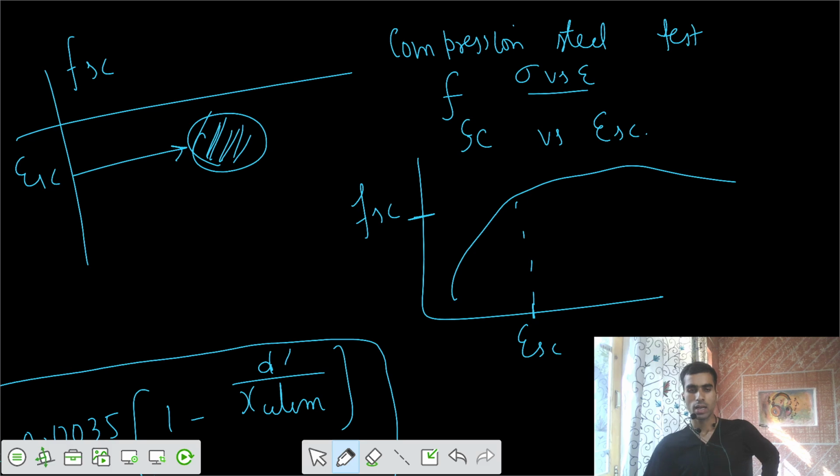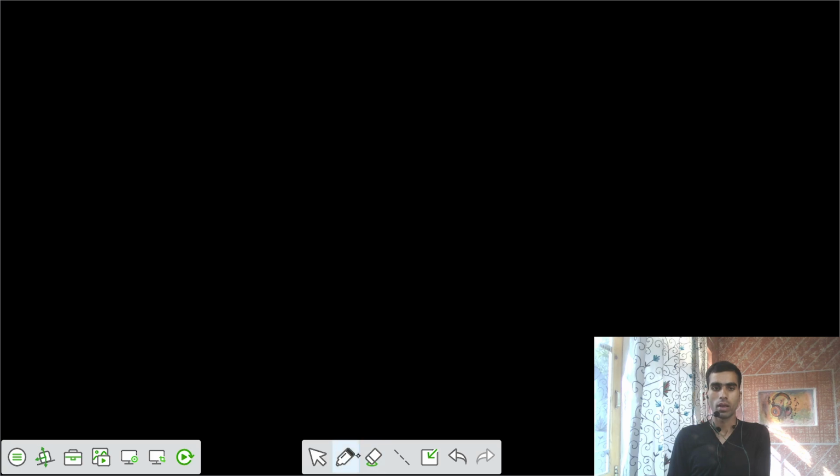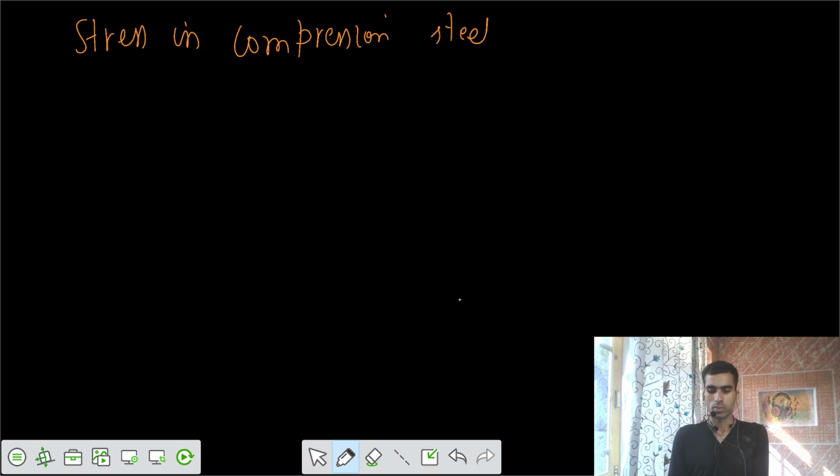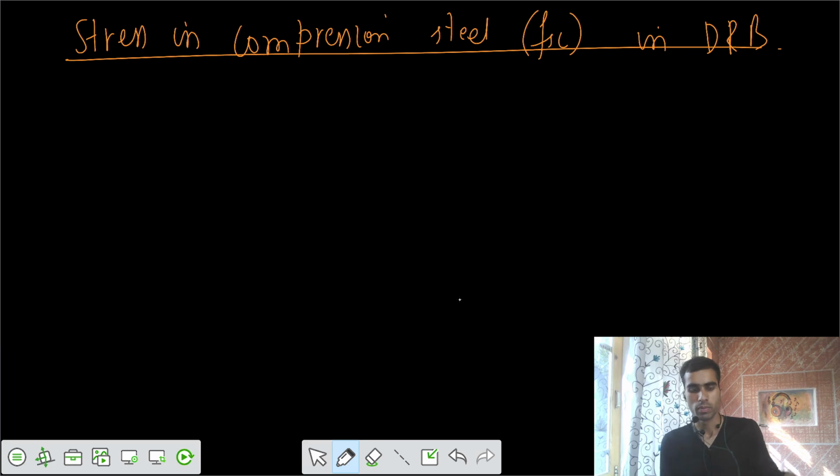Let's try that. For the calculation of FSC, how do we arrive at this value of FSC in a doubly reinforced beam? Let's write that topic: stress in compression steel, FSC, in the doubly reinforced beam.